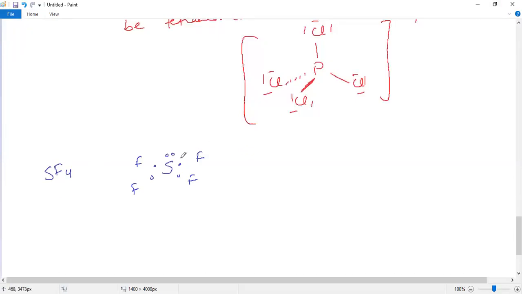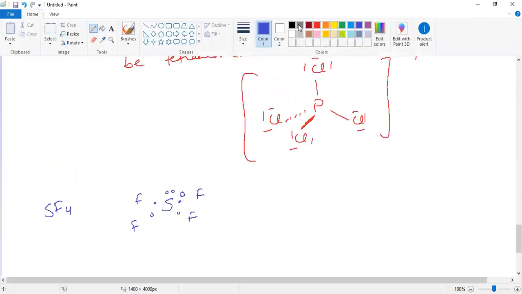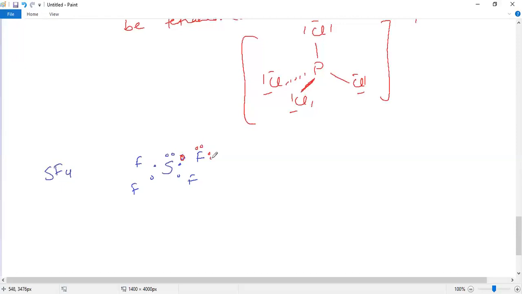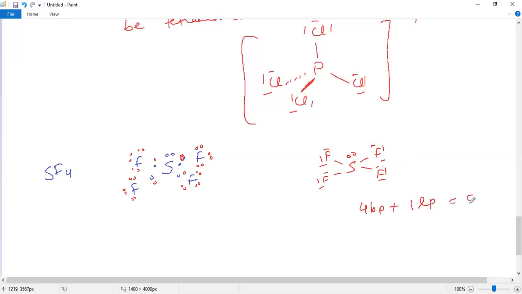Let's take this color for fluorine. The structure will be something like that. Now let's count the domains. 1, 2, 3, 4. So I have 4 bonding pairs plus 1 lone pair, which makes a total of 5 domains.